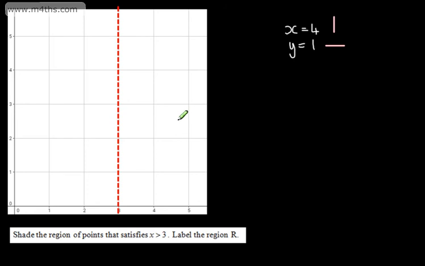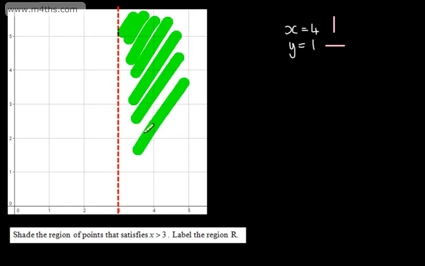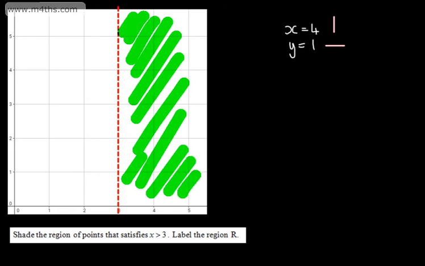I certainly think with these examples it's quite clear to see that all numbers to the right of this line are going to be greater than 3. So all we would do is simply shade out this part right here, and obviously your shading would be better, mine's a bit messy, but it gives you some idea of what we're going to do. And then I would simply label that region R.